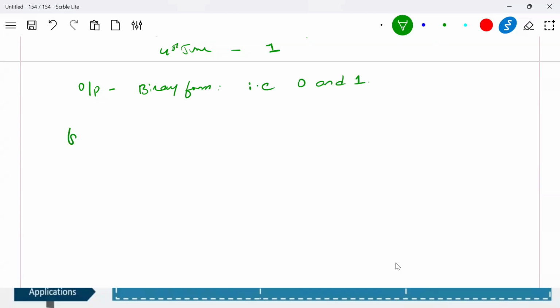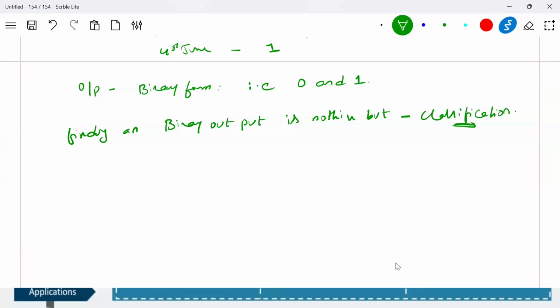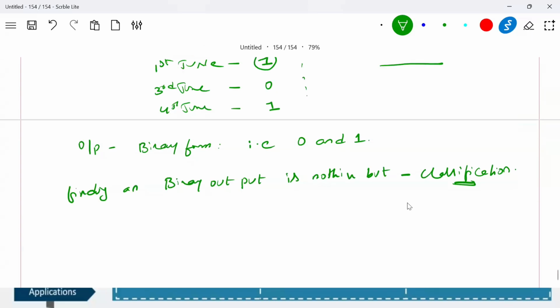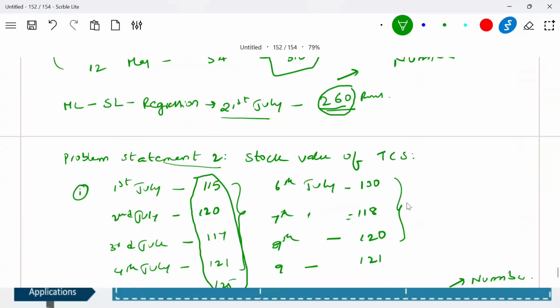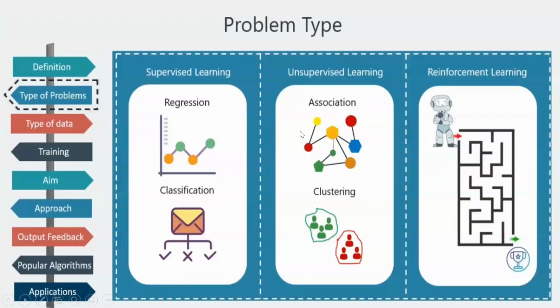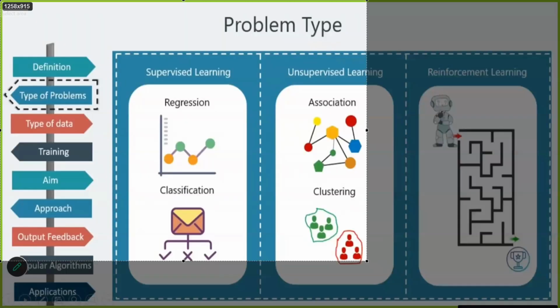So finding a binary output is nothing but classification. Very simple, guys. Finding a binary output is classification. Finding a numeric output is regression. Both classification and regression come under supervised learning.